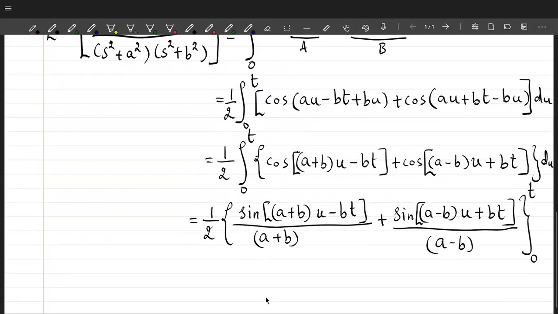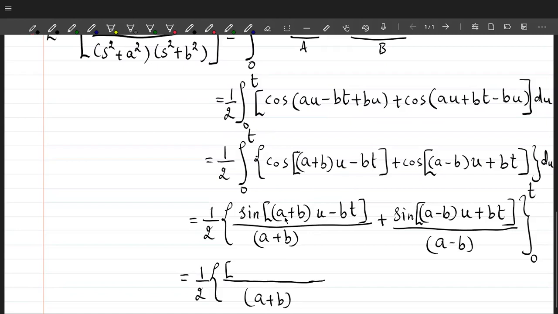So you get half into, when you put the limit here, let me just take the first term, 1 by A plus B, it's a constant. So let me see what do I get here. So when you put the upper limit for this sine term over here, what do I get?